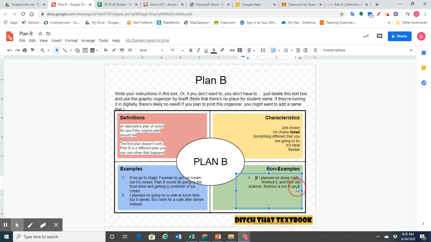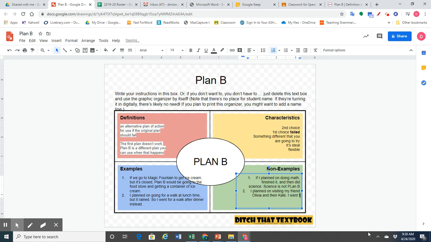Another non-example, another way you would not use this, would be if I planned on visiting my friend Olivia and then Kate.